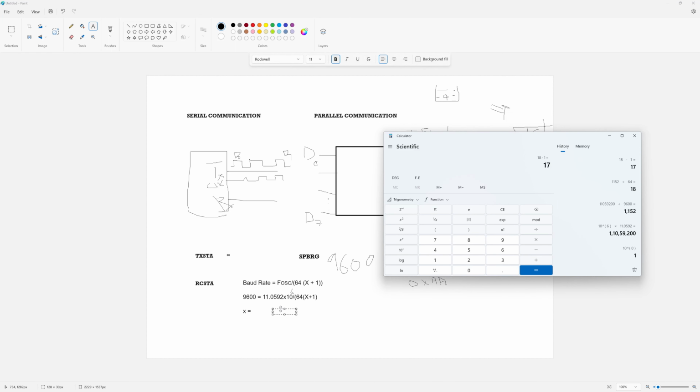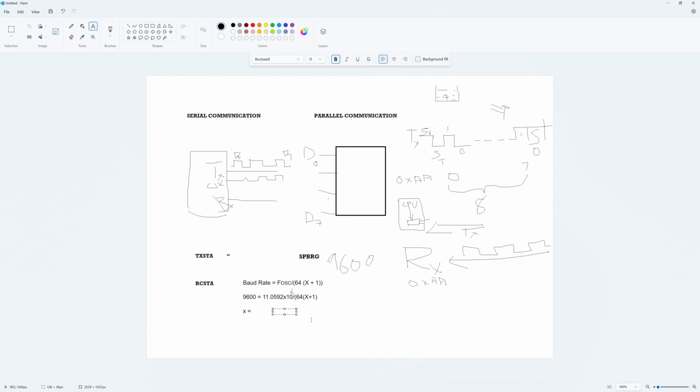So we need to rearrange the equation. Here we are getting 17 as the result after rearranging. I will tell you how I rearranged it, or if you already learned mathematics, you can calculate based on that. What I did is I just moved the entire 64 times x plus 1 to the left side.